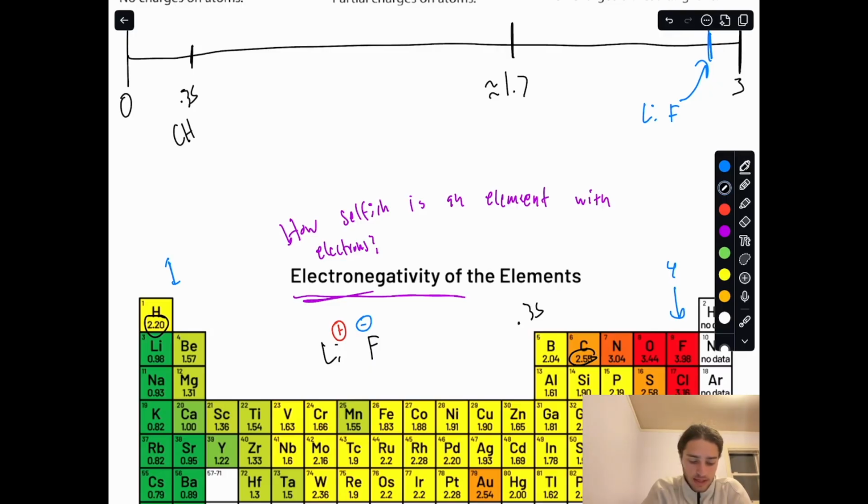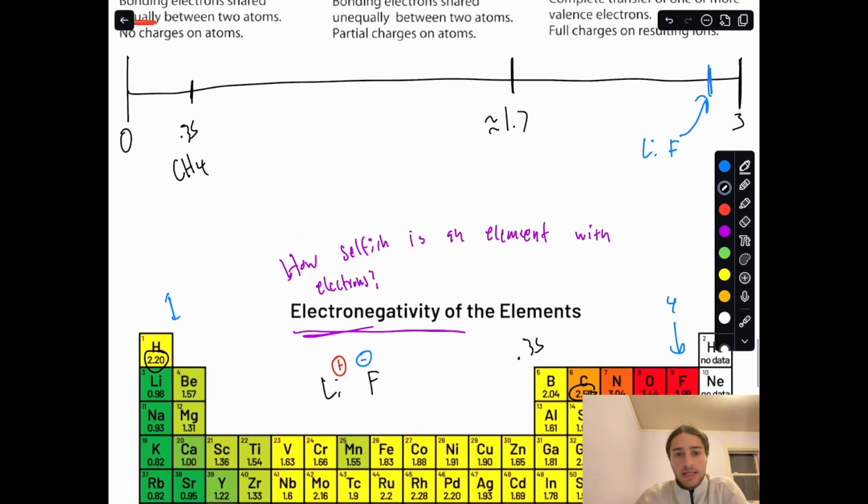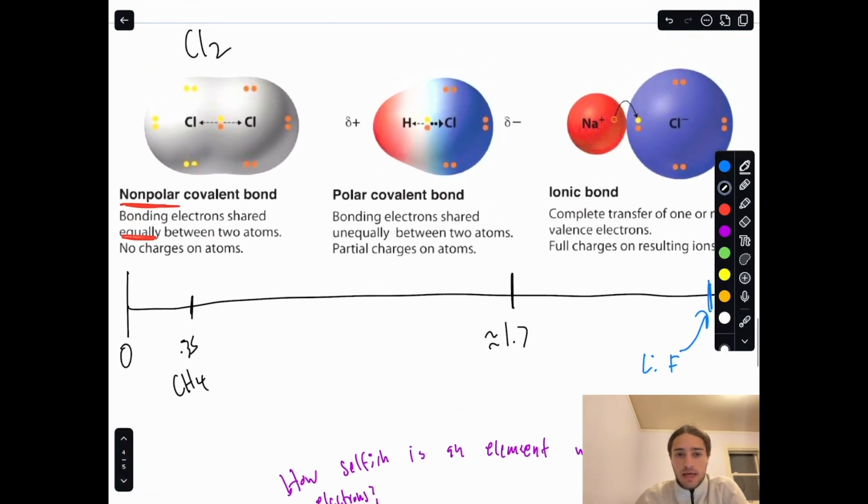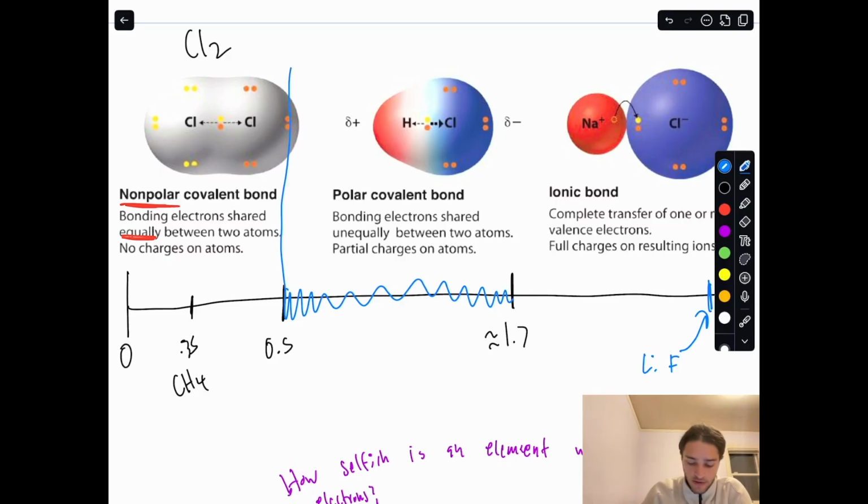I'm just going to write methane, for example. It's a hydrocarbon. It's considered nonpolar, so it's essentially an equal sharing of electrons. And the cutoff for nonpolar is typically about 0.5. So that means this 0.5 to 1.7 region is the polar covalent.